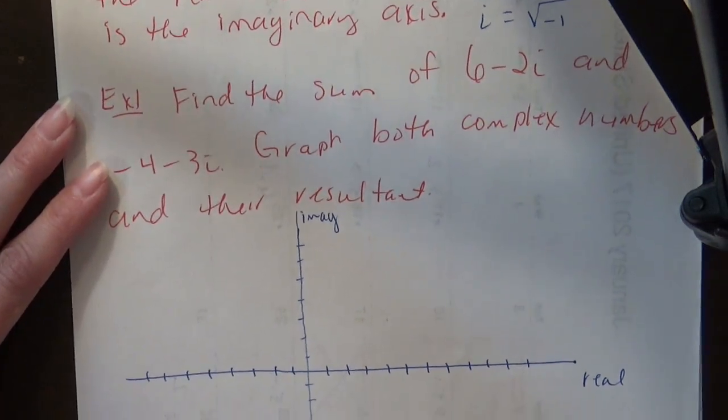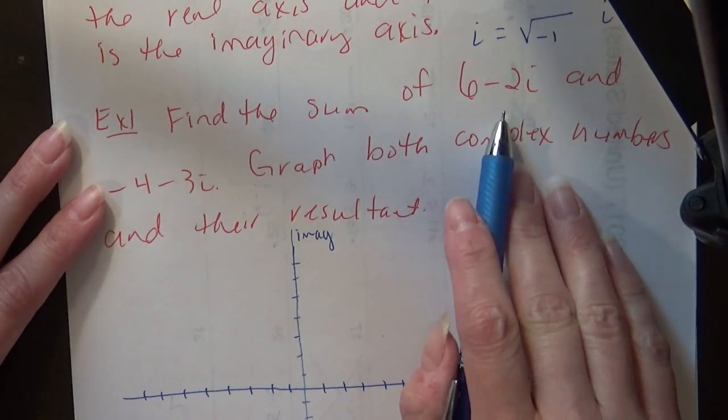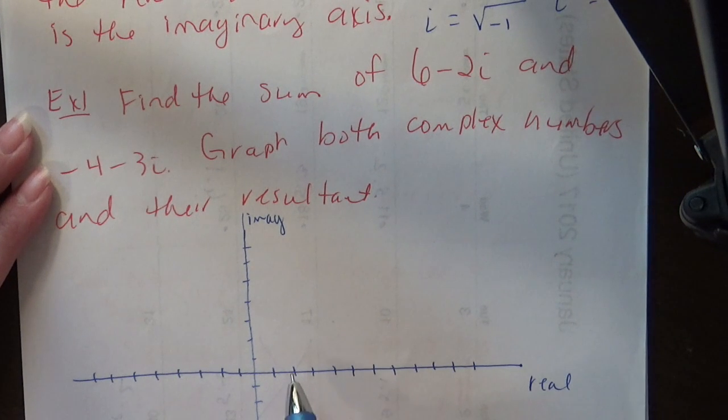So we have 6 minus 2i, so we want to find 6 on the real axis, and we're going to go to negative 2 on the imaginary.